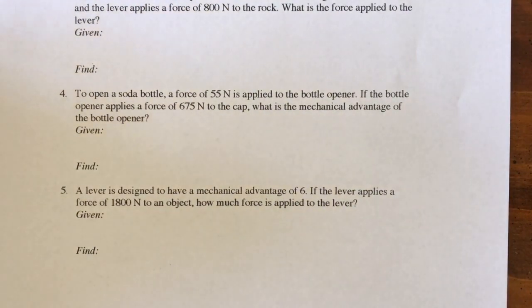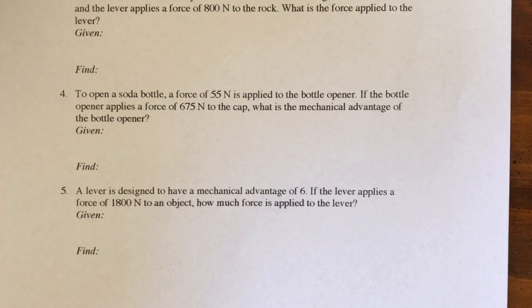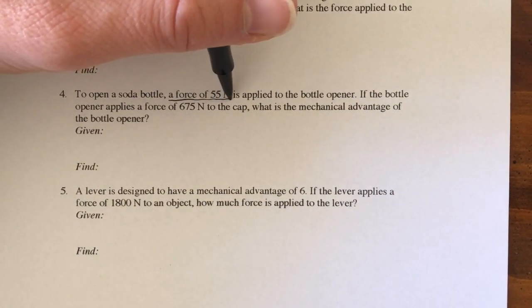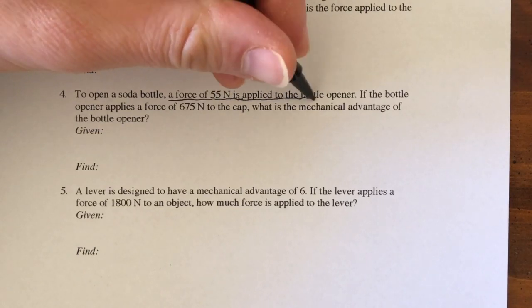All right, to open a soda bottle, a force of 55 newtons is applied to the bottle opener. If the bottle opener applies a force of 675 newtons to the cap, what is the mechanical advantage of the bottle opener? So in this case, the bottle opener is a lever, it's a machine, and someone is applying a force of 55 newtons to the bottle opener.